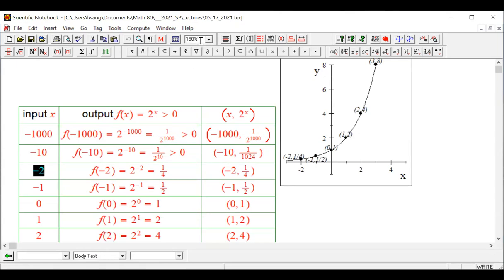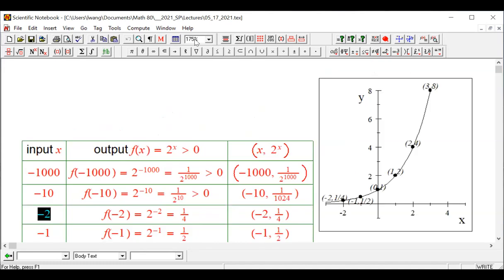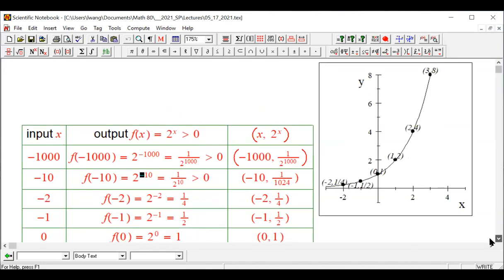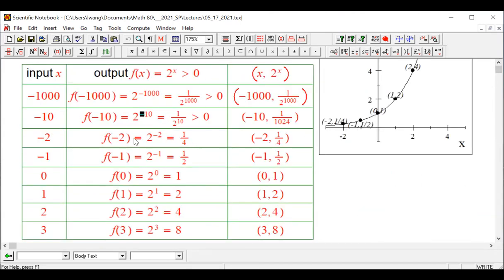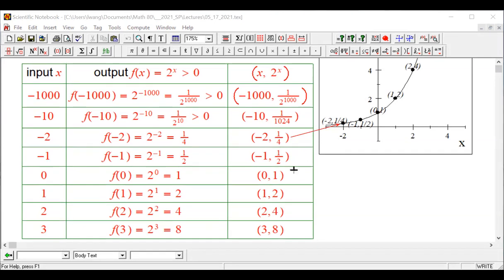Let me make this font a little bit larger so you can see the negative sign in the power. So we started with -2, and we get this point: when input is -2, the output is a quarter.